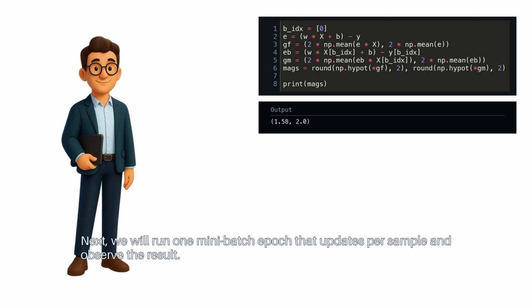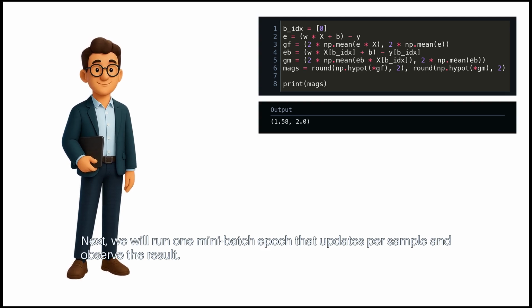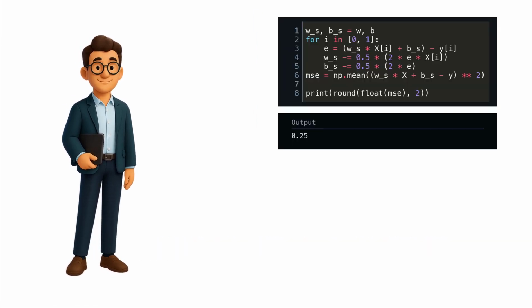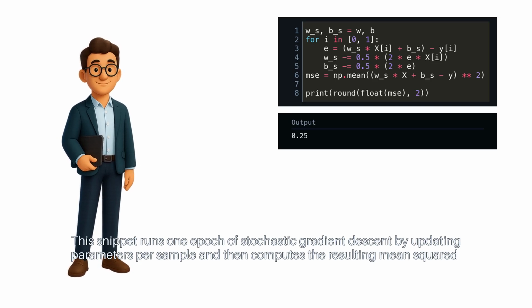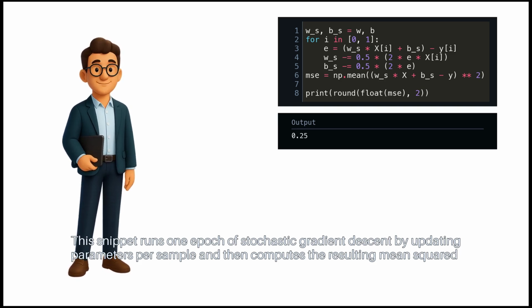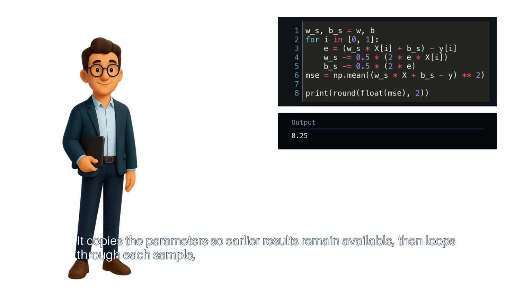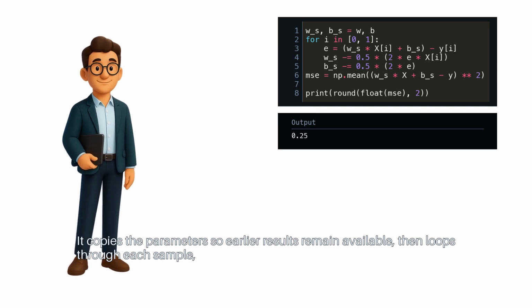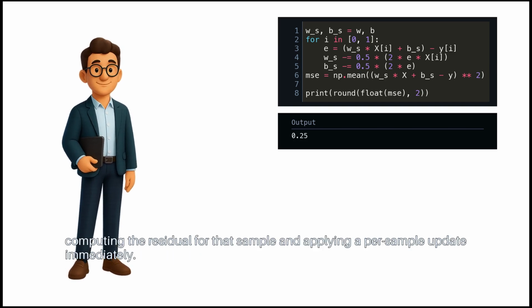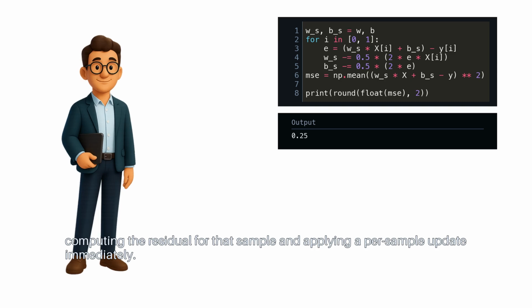Next, we will run one mini batch epoch that updates per sample and observe the result. This snippet runs one epoch of stochastic gradient descent by updating parameters per sample, and then computes the resulting mean squared error. It copies the parameters so earlier results remain available, then loops through each sample, computing the residual for that sample and applying a per sample update immediately.